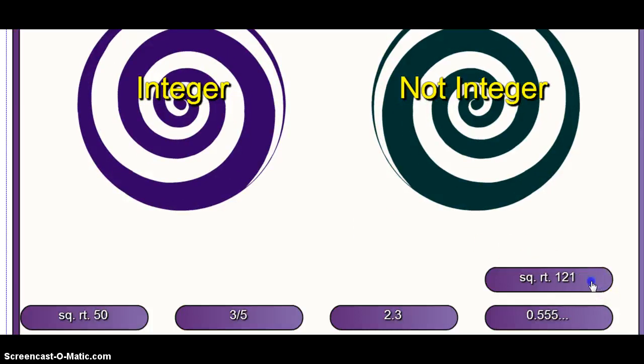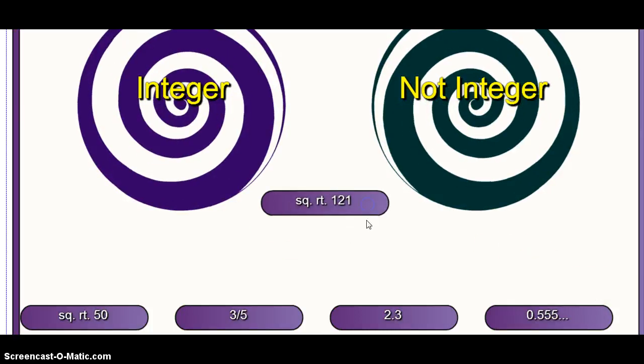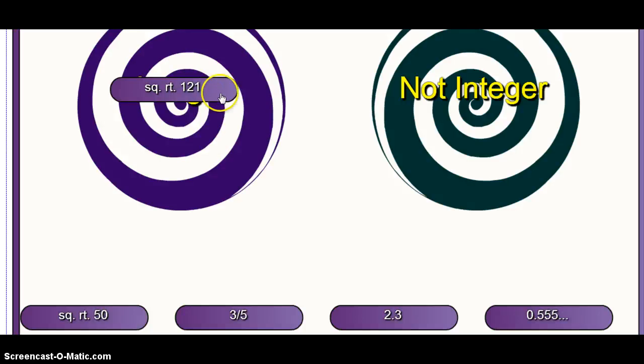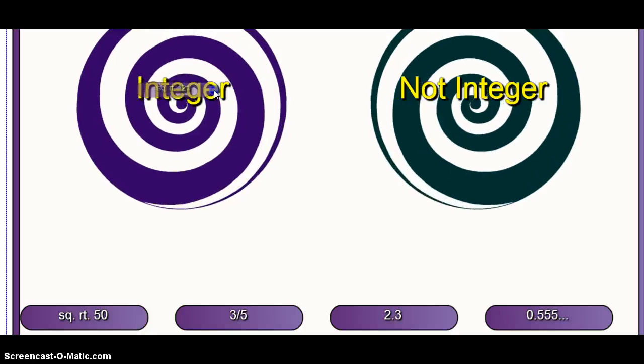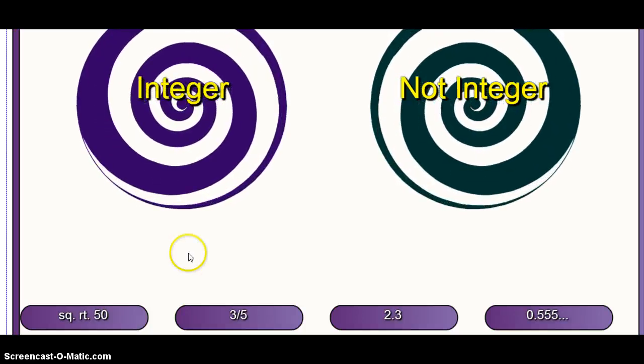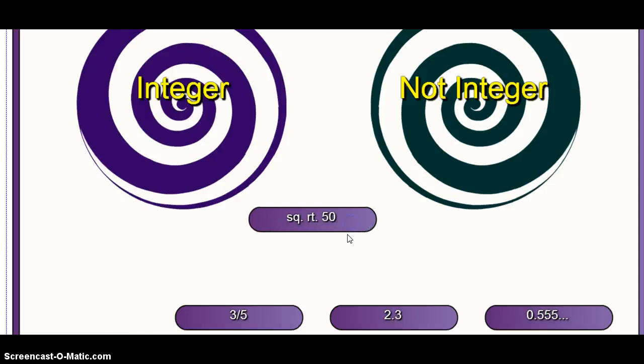And then we have here square root of 121. You might have your perfect squares memorized. If not, punch it in the computer. But if you do the square root of 121, it comes out to 11. Therefore, it's a whole number, integer. Okay. Square root of 50. What do you think about that one?